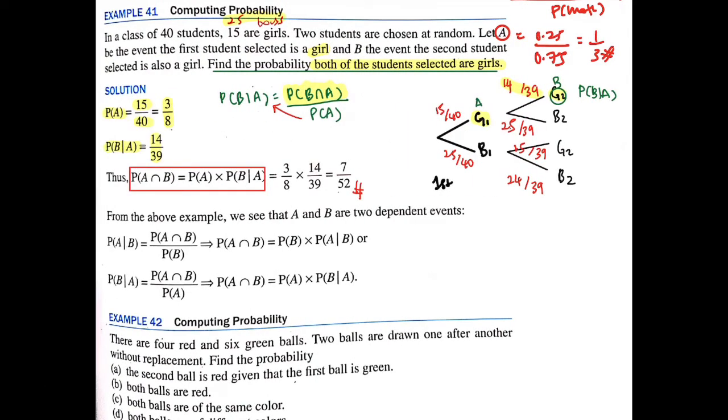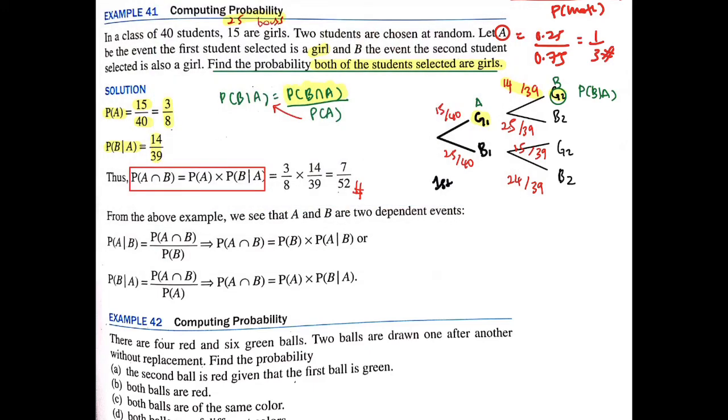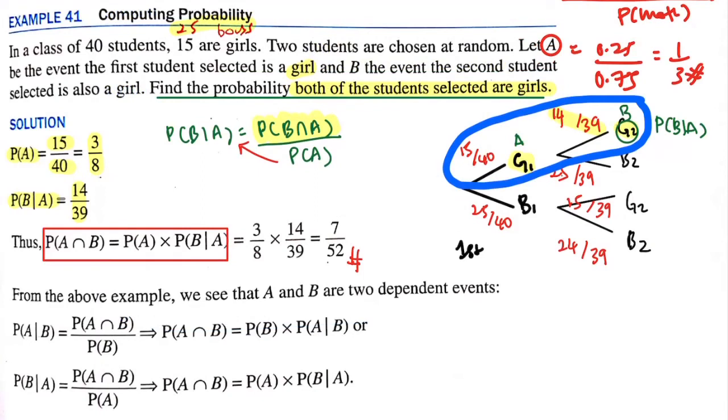We have a shortcut to solve this actually. So what is the shortcut? Let me show you. If you want to find the probability that both selected students are girls, meaning you want P(B ∩ A), the way to do it is you just multiply these branches together. So P(A ∩ B) is just the same as multiplying the branches here.